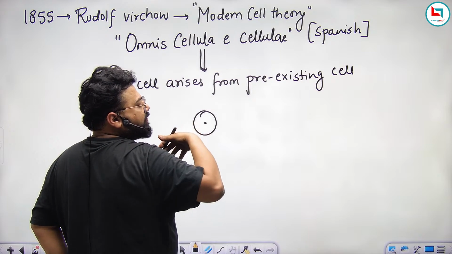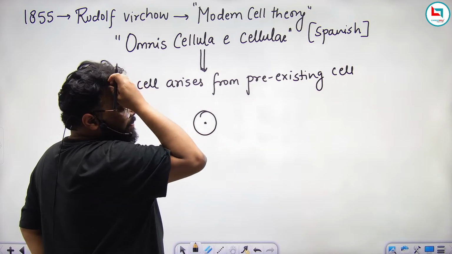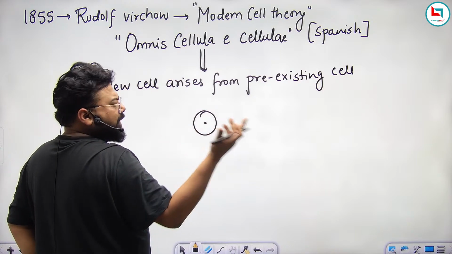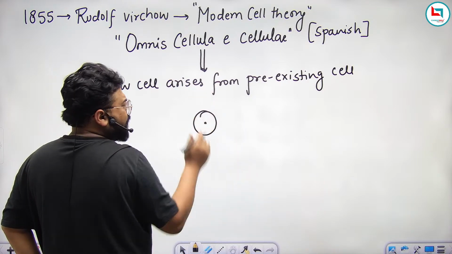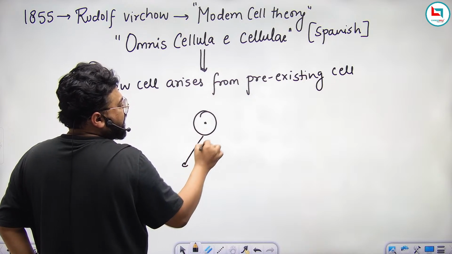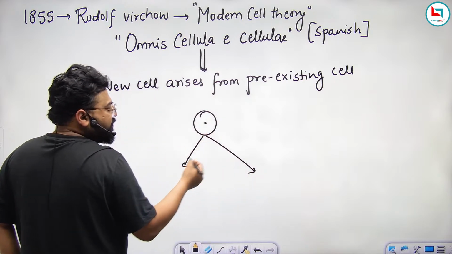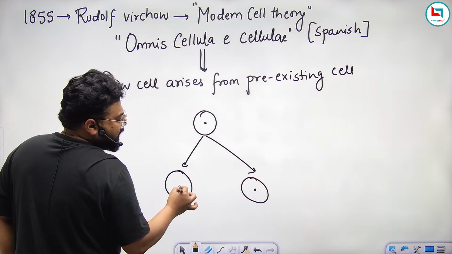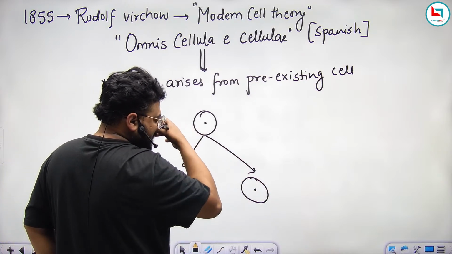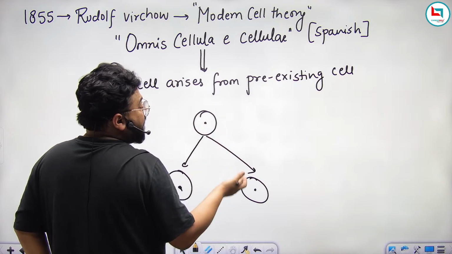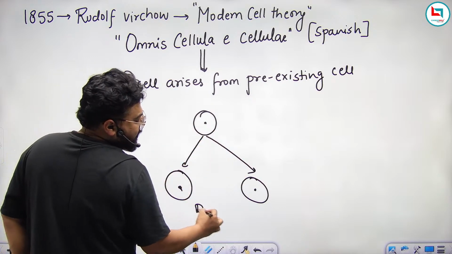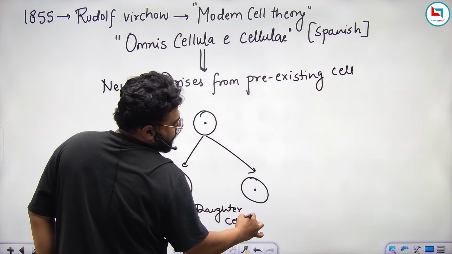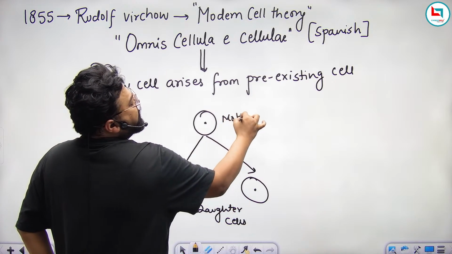Whenever it is about to die or complete its cycle, or it gets ruptured by some kind of shock, like an accident, or some acid falls over it, these cells start division or proliferation and start forming the daughter cells. These are the daughter cells and this is the mother cell.